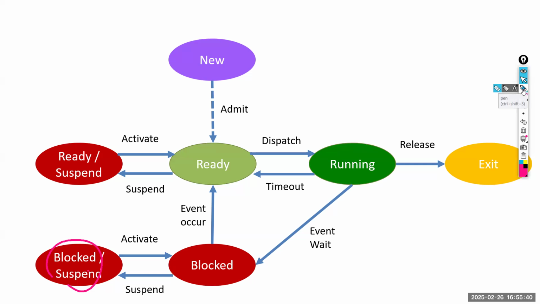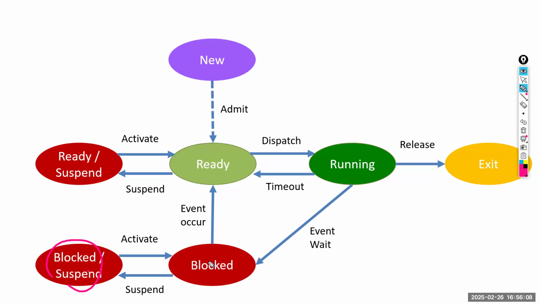The user has not responded, but because memory is available, the OS can take that part of the memory back from virtual memory to physical memory. So your block suspend process will come back to the block state. It is still block state because the user has not responded.